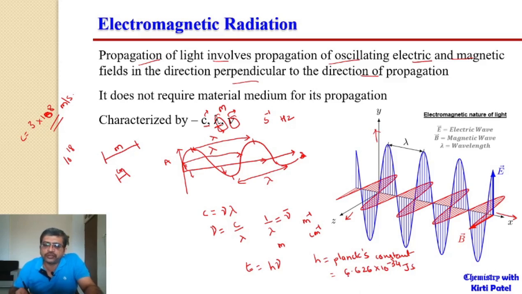This will be the value of Planck's constant h. So this equation can be used to calculate the energy of a particular radiation. E is equal to h nu, where nu is the frequency of the radiations.